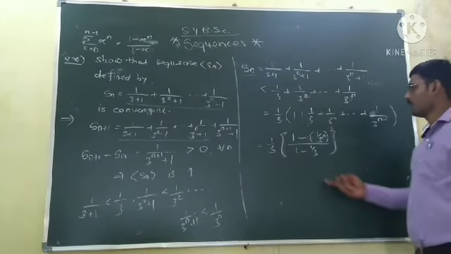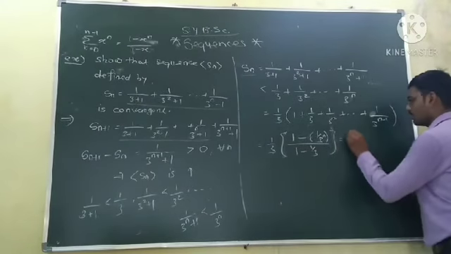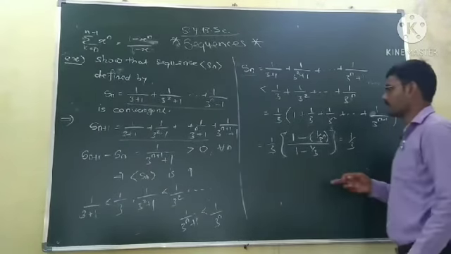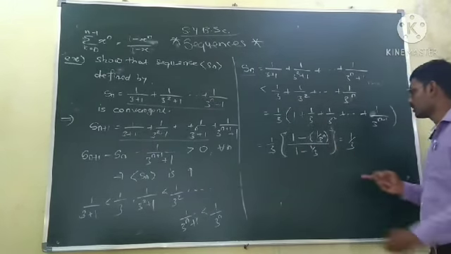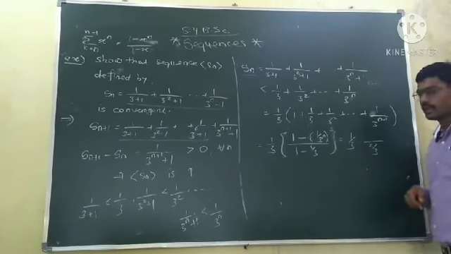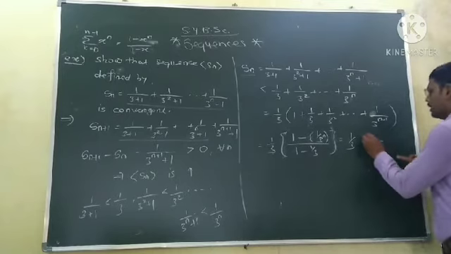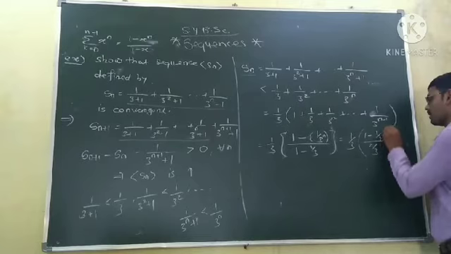Now this 1 by 3 as it is, so this is equal to 1 by 3. Okay, and 1 minus 1 by 3, so 3 into 1, 3 minus 1, so this becomes 2 by 3. Okay, and in numerator there is 1 minus 1 upon 3 raised to power n.